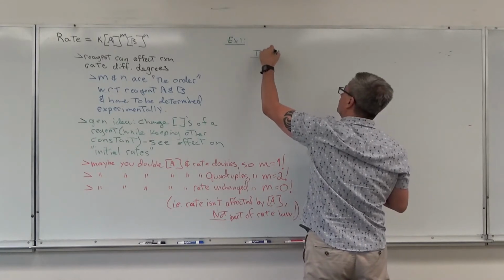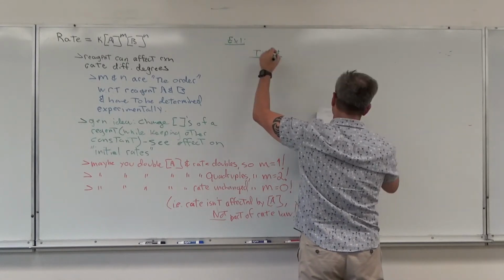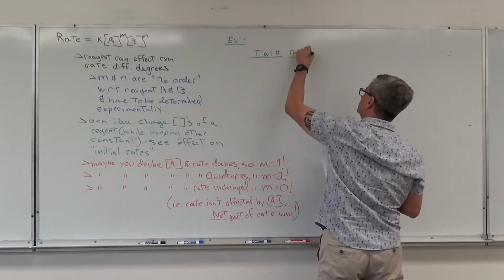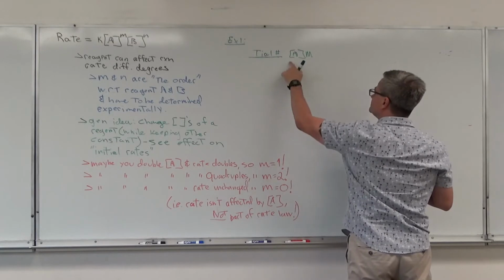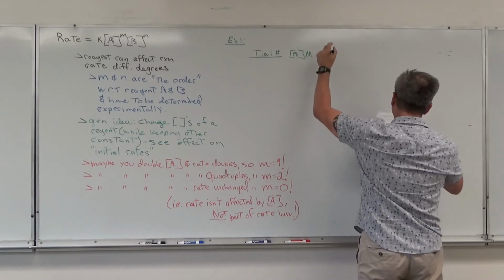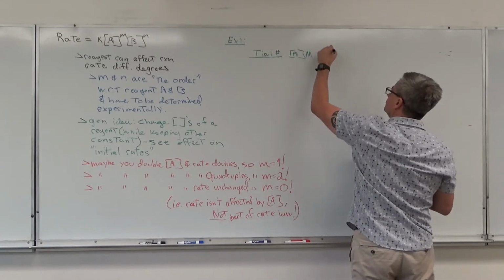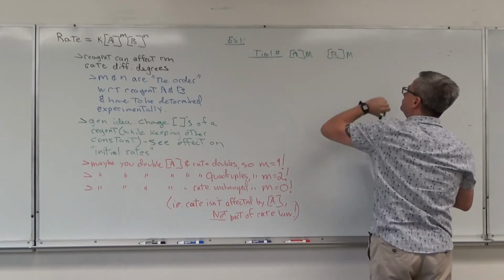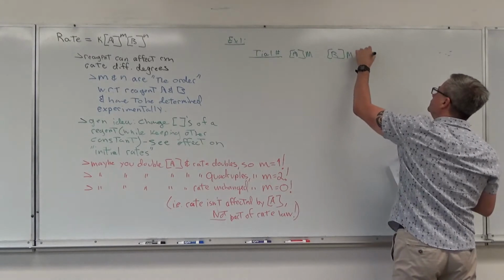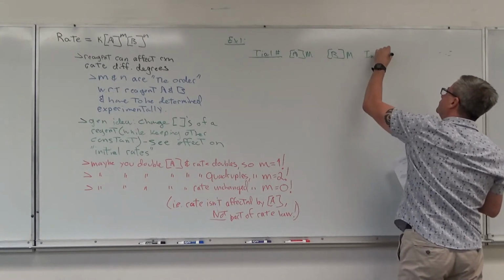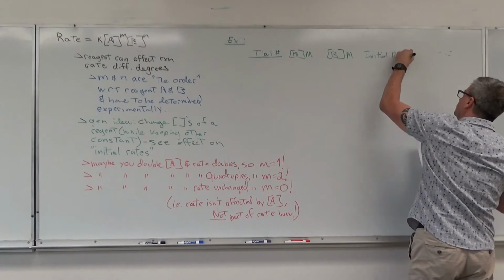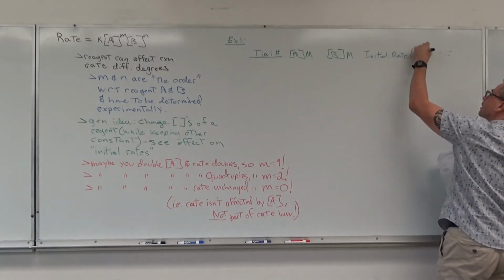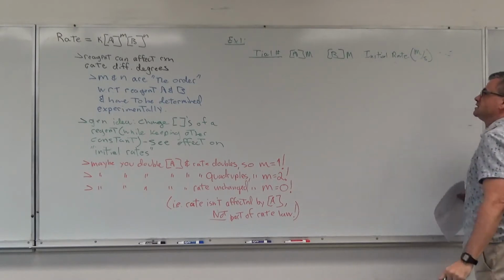So trial number, and then concentration of A in molarity. Brackets usually mean molarity anyway, so it's kind of redundant, but let's make sure you're clear on that. Then initial rate, and our rate is going to be molar per second.